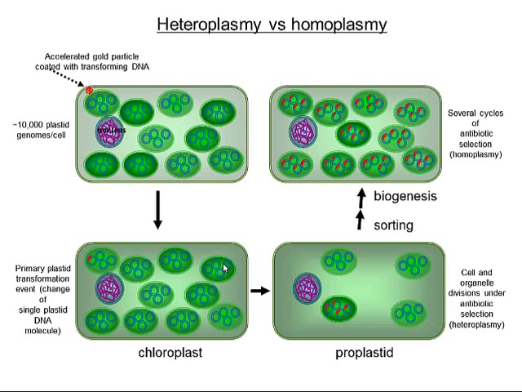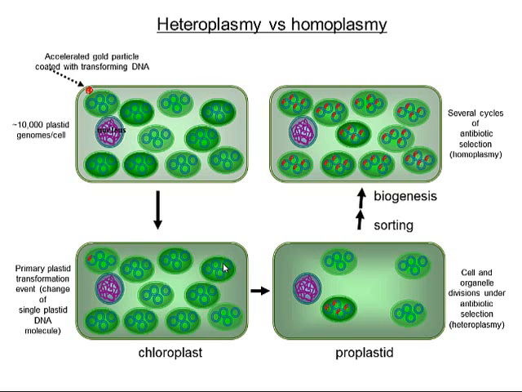So you can see here at the top left, you've bombarded your cell and you've got the plastid DNA into the cell. But the cell contains more than 10,000 plastid genomes per cell, because of the large numbers of chloroplasts and the large numbers of plastid DNA per chloroplast. So you get this into a single chloroplast.